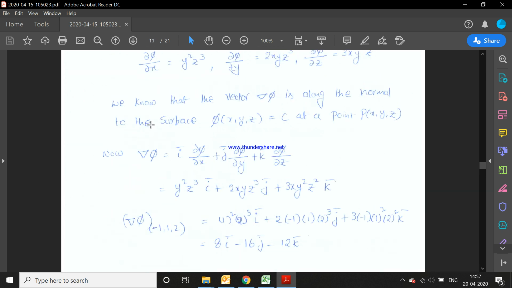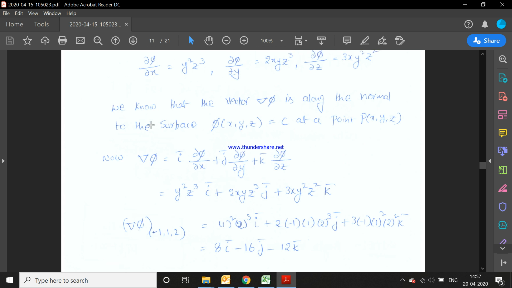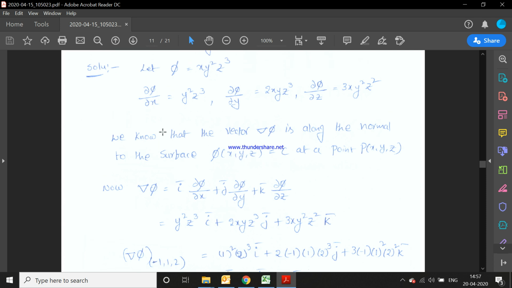So if they want the greatest value or maximum magnitude, the formula is the same, the modulus of del phi or del f or del g. For any function you can find the gradient and find its length or modulus.